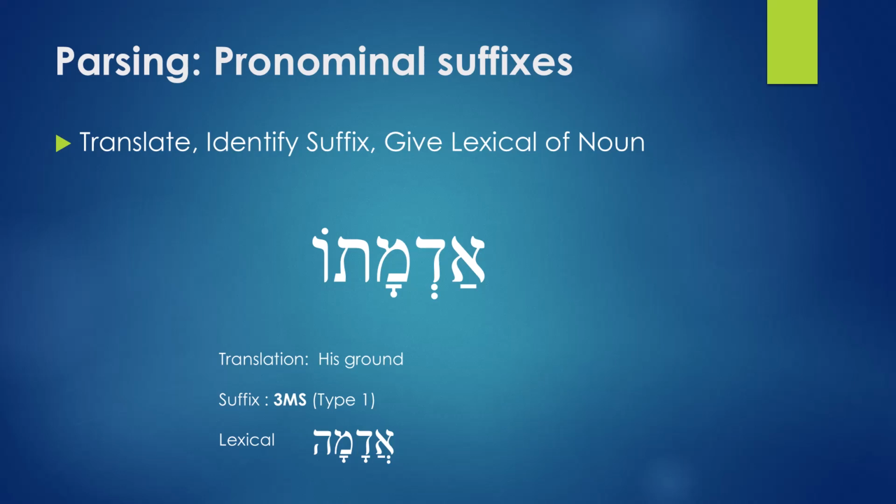The suffix o is coming from third person masculine singular. So this one is going to be type 1. Why? You are not seeing tsere yod, kametz yod, or patach yod. This one is a type 1 suffix. And third person masculine singular is translated as his ground. Admato, his ground.